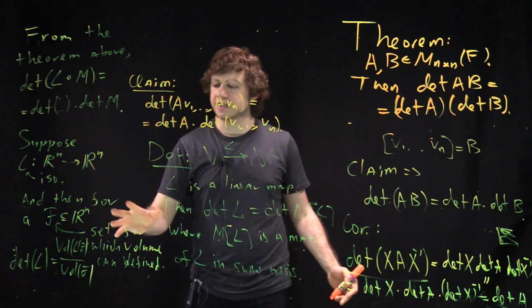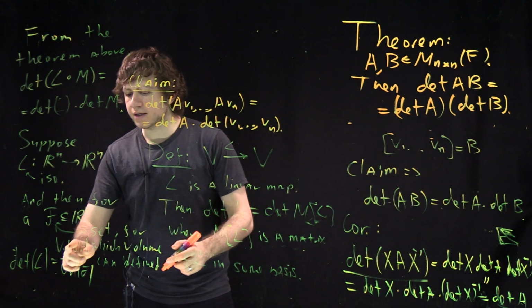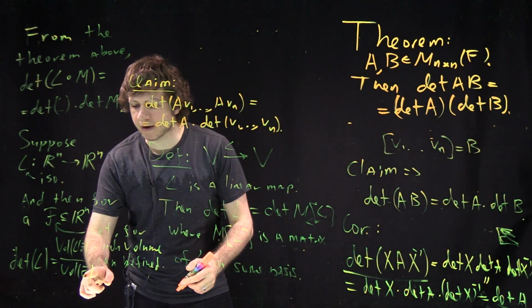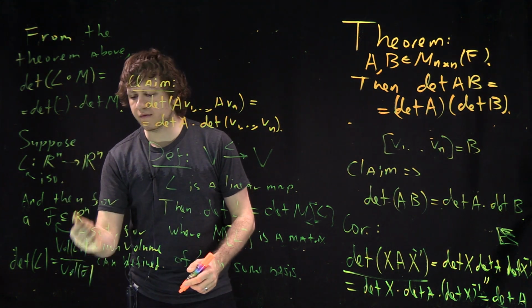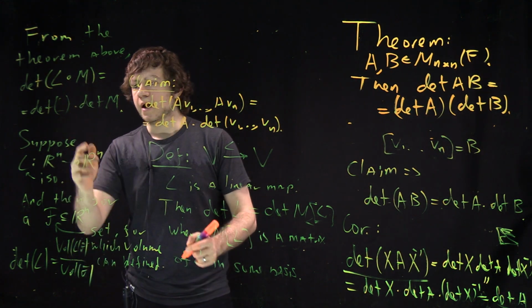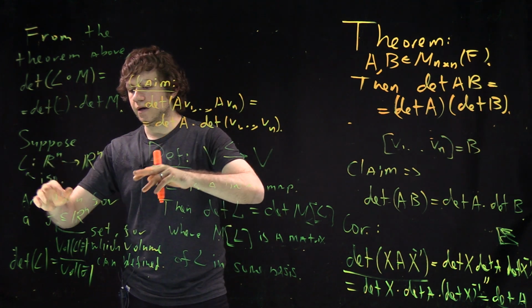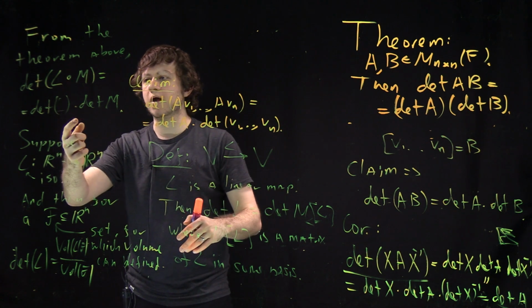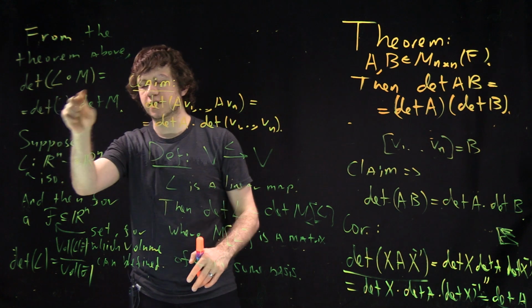And if you think about that, then of course the statement becomes obvious, because the determinant of L is the volume of L of F divided by the volume of F, and the determinant of M is the volume of M of F divided by the volume of F. And then if you now apply M and then L, the volumes first will multiply by the determinant of M and then by the determinant of L, and that's why the determinant of the composition is the product.